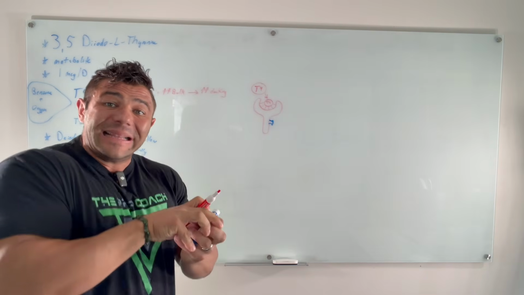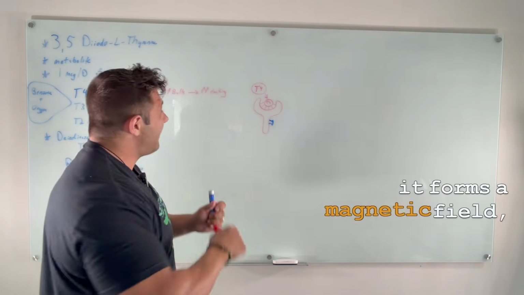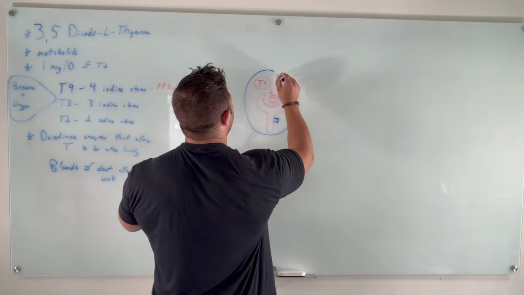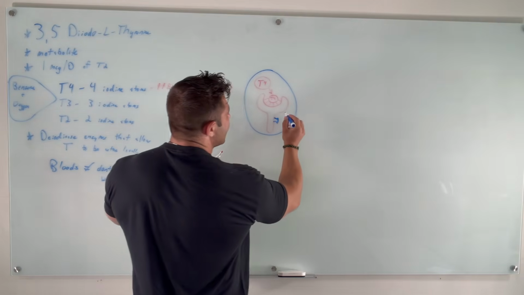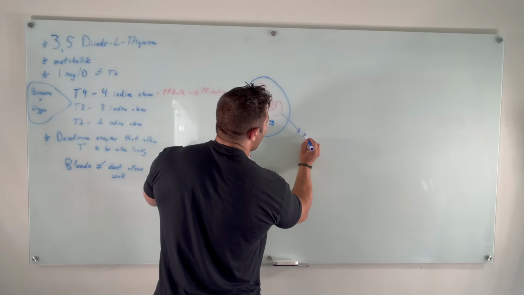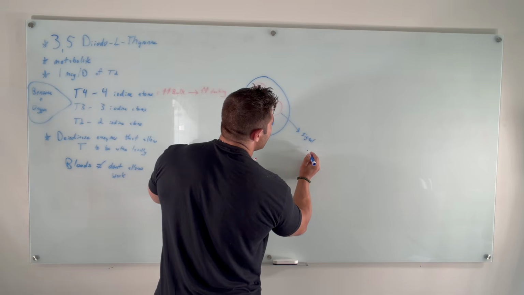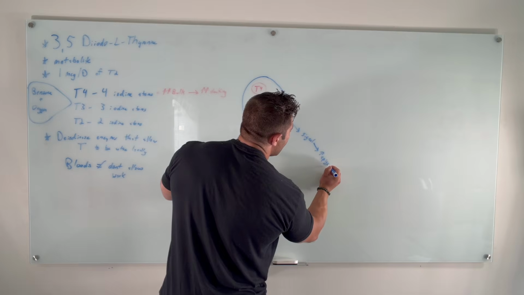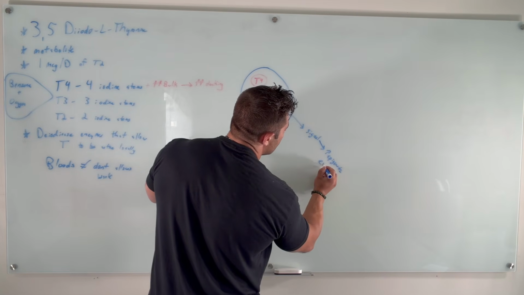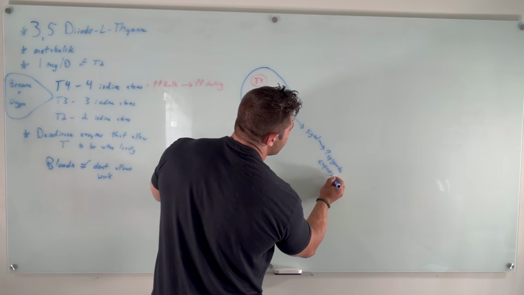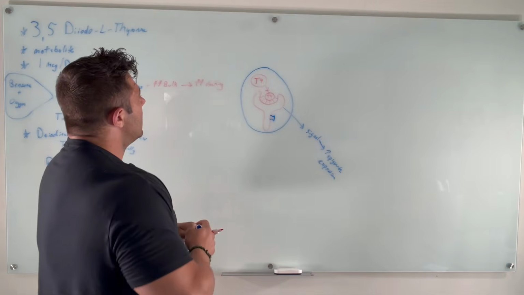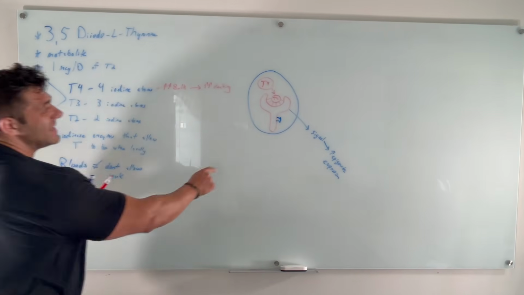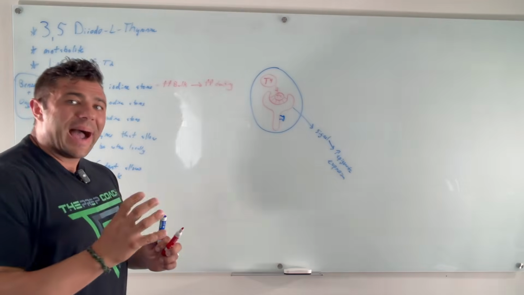Once it geometrically clicks in, it'll create a magnetic field around the entire receptor, and then it allows itself to transport whatever the actual signal is, which tends to turn on, we're gonna say, epigenetic expression, right? So bulkier iodines of a T4 means it has a better ability to bind and send a signal.